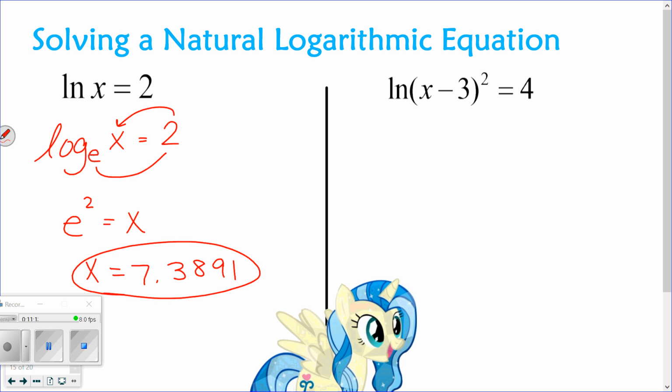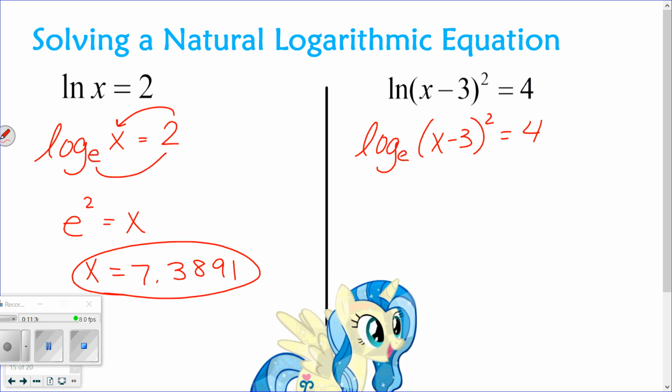So the very next one, this is log base E of x minus 3 squared equals 4. Now, before we go any further with this, what do we do with exponents with our properties? They go in front.